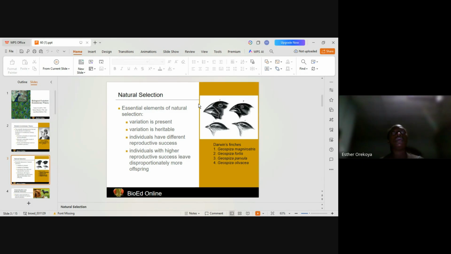Human beings also, it was said that human beings have a rudimentary tail, a vestigial tail. Well, I've never seen any human being that has a tail. However, it was said that in the olden days, human beings had tails. But because we were not using them, the tails no longer continued to grow.